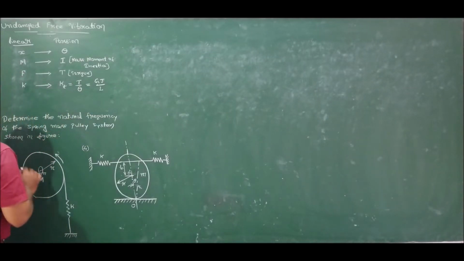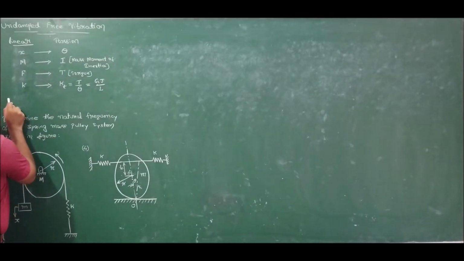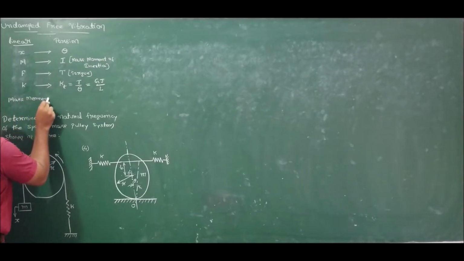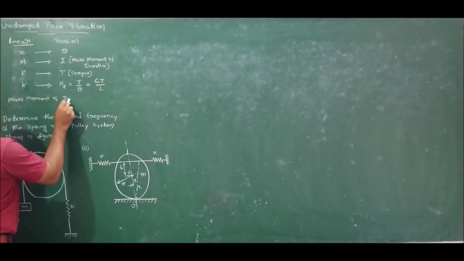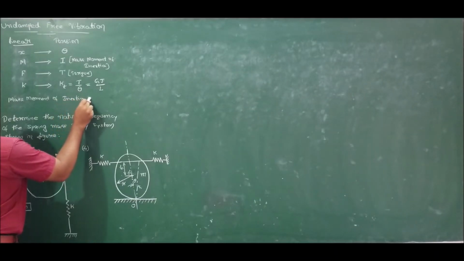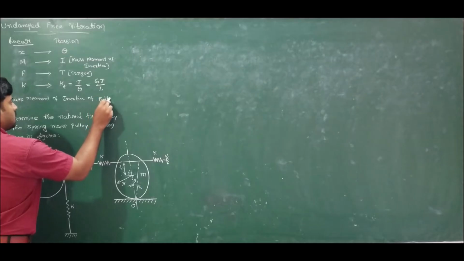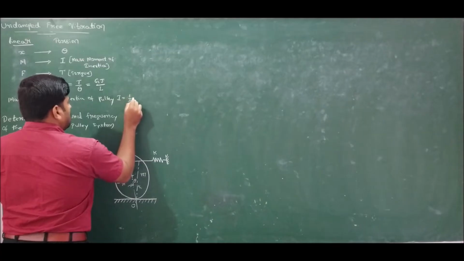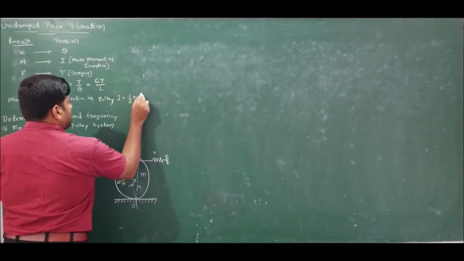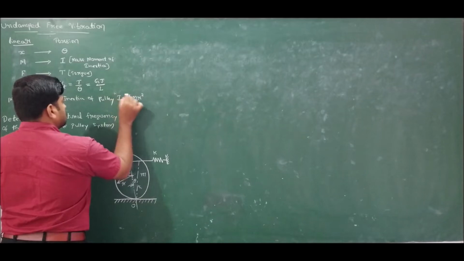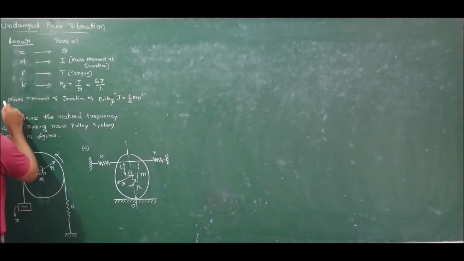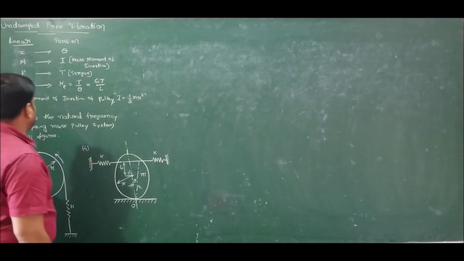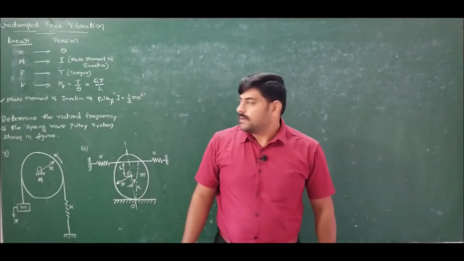Therefore the mass moment of inertia of the pulley is I, which is equal to half m r square. Keep this in mind. This is important. This is only for the pulley.